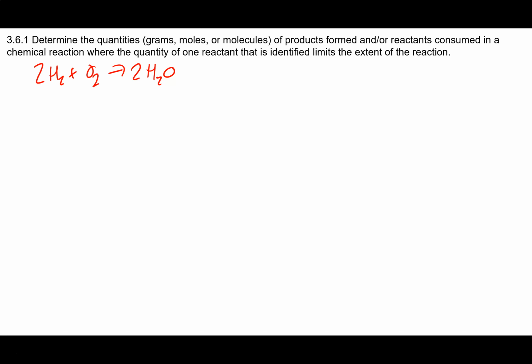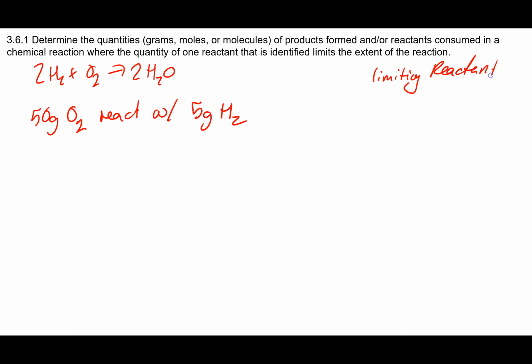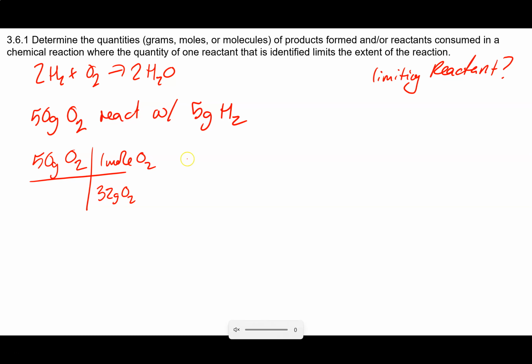But if I say 50 grams of O2 react with 5 grams of H2, and I'm trying to figure out which is the limiting reactant, then I'm going to take that 50 grams of O2 and convert it to moles of O2.